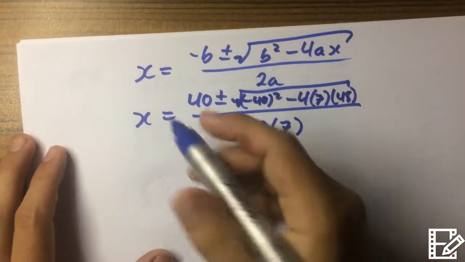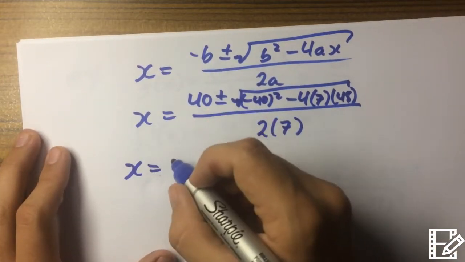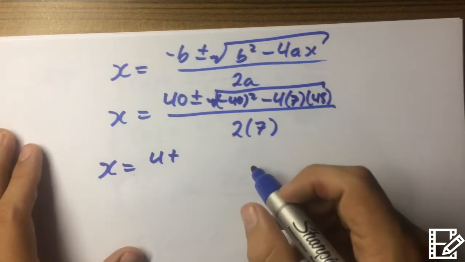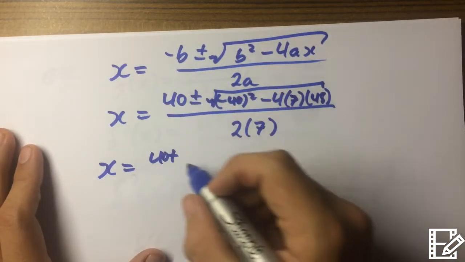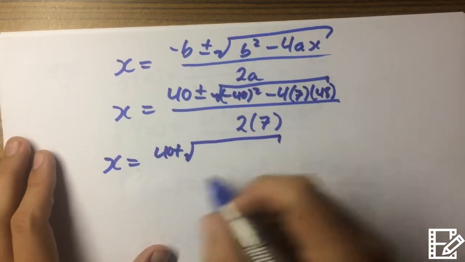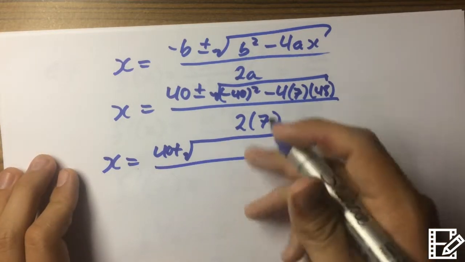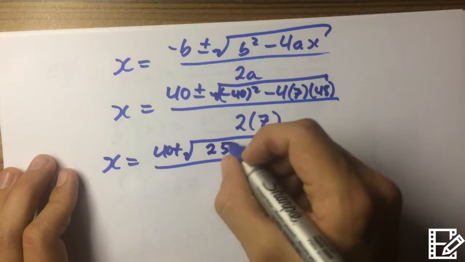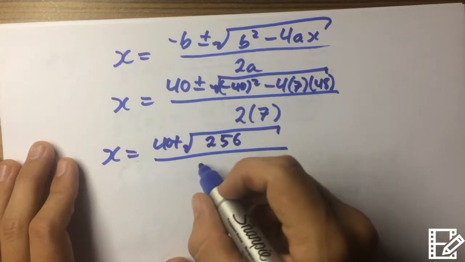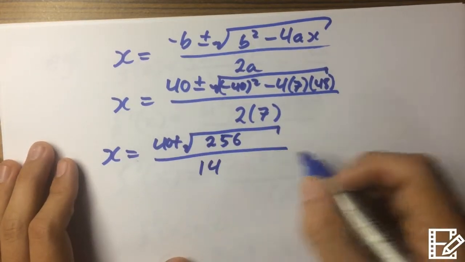And basically, one x value, we're going to have 40 plus this. You should know how to do the quadratic formula before doing derivatives anyway. But everything, this will equal 256, and it'll be over 14.